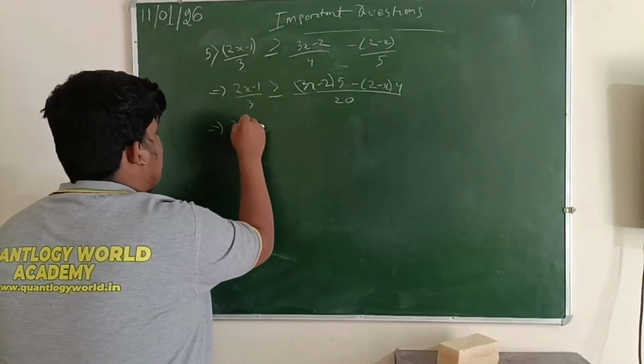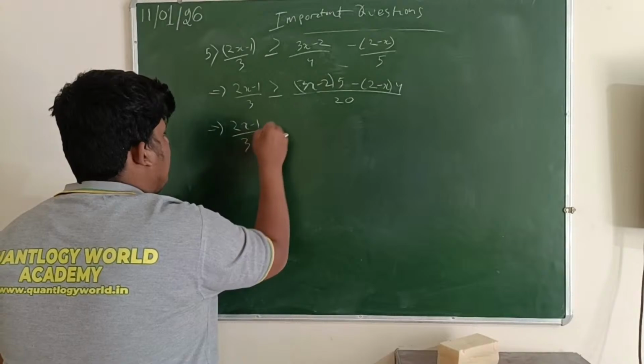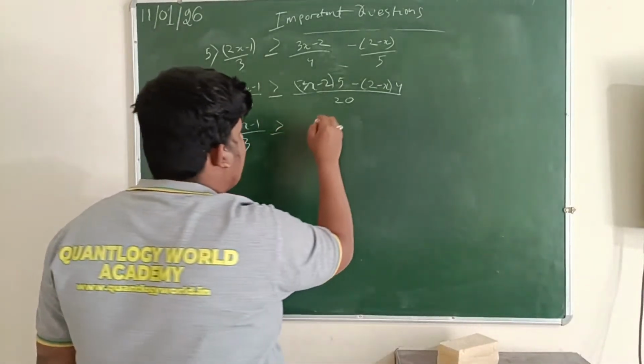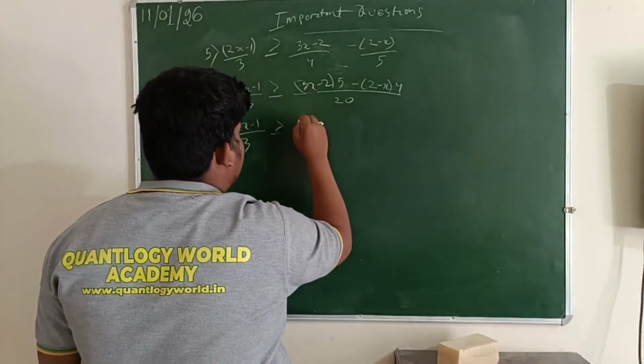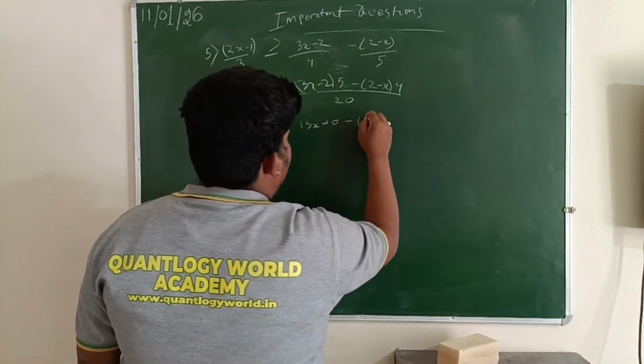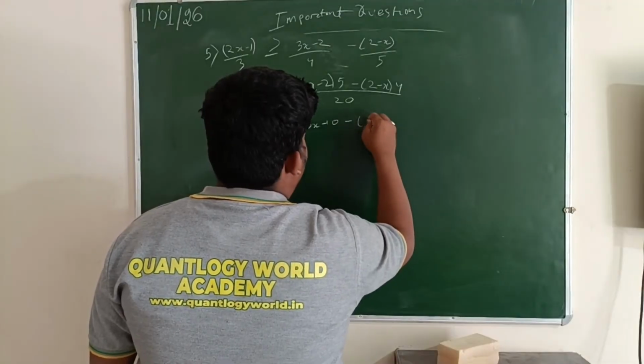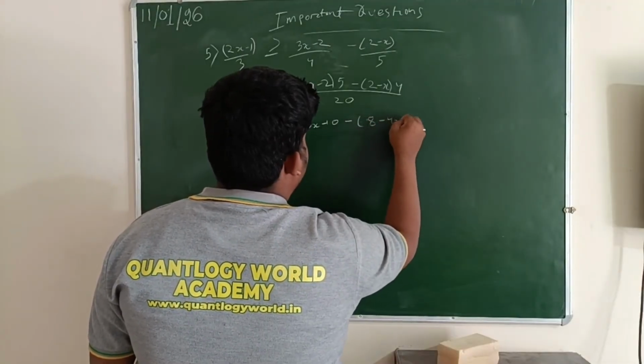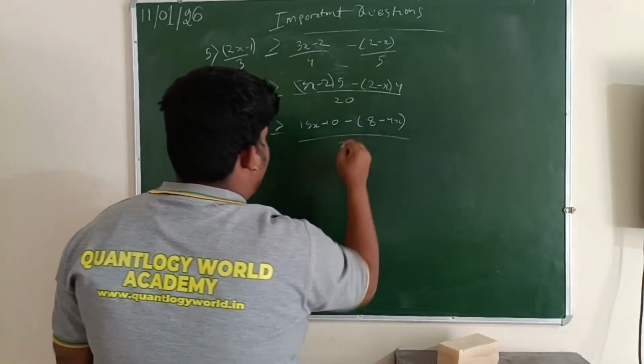So the next step is 2x minus 1 by 3 greater than or equal to 5 into 3x is 15x minus 10 minus 8 minus 4x by 20.